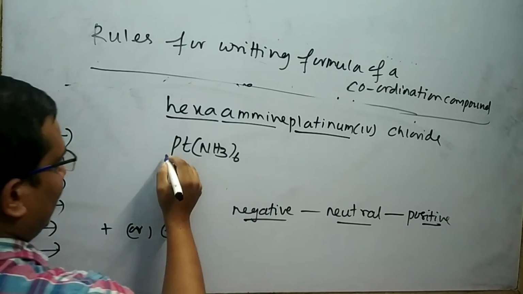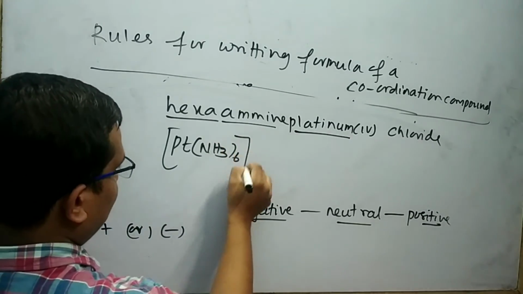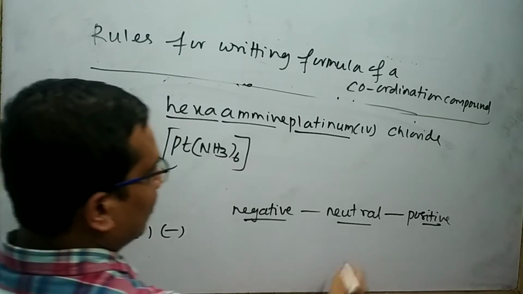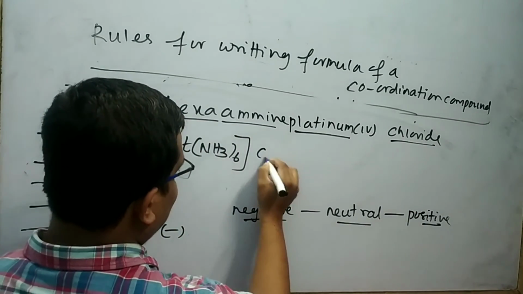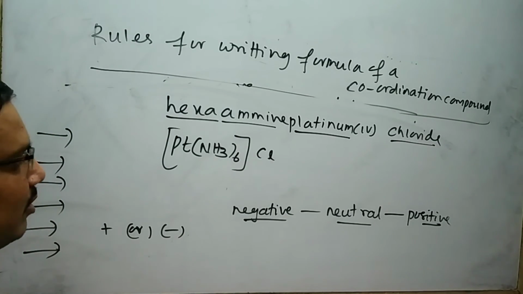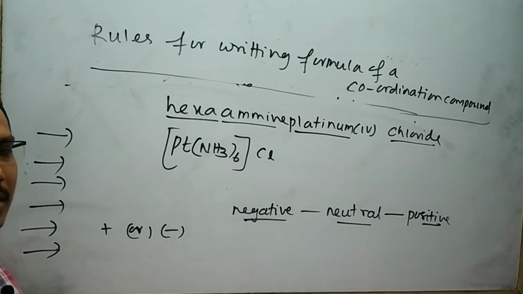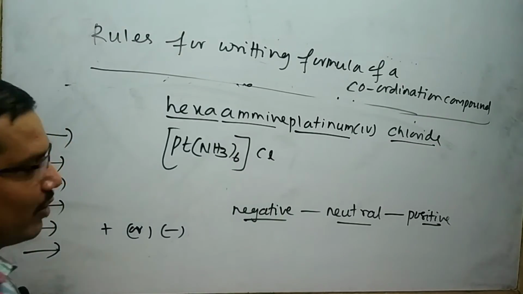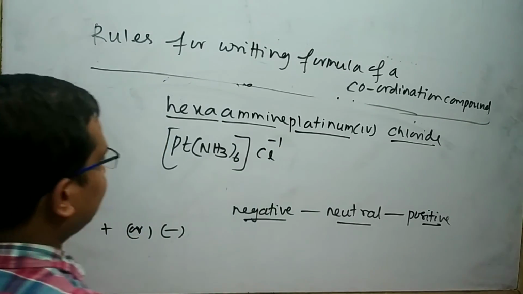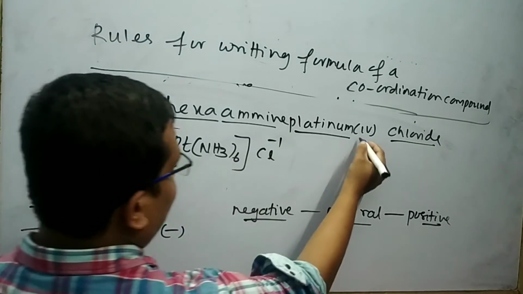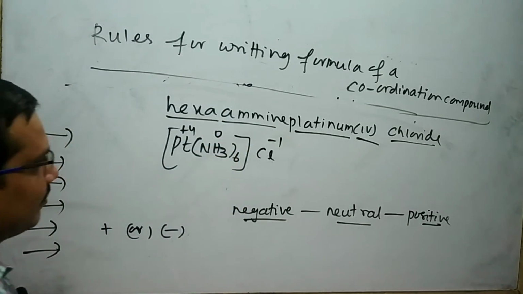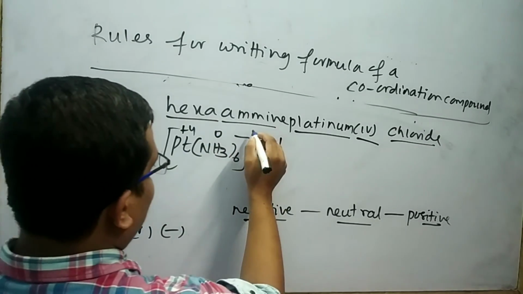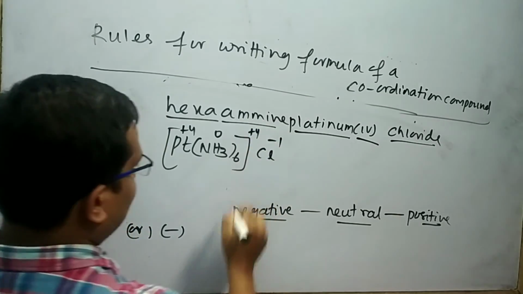Then it is bound to give the square bracket. Here chloride is present. So here I can write Cl. Now write the number of cations and anions. Chloride having charge -1. Platinum having +4, NH3 having 0. That means here it is bound to write +4.